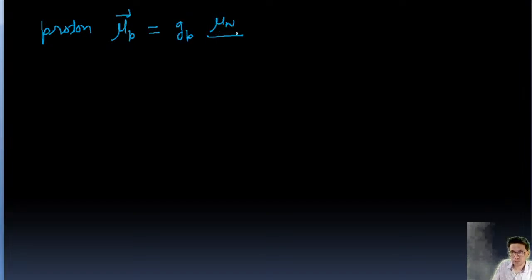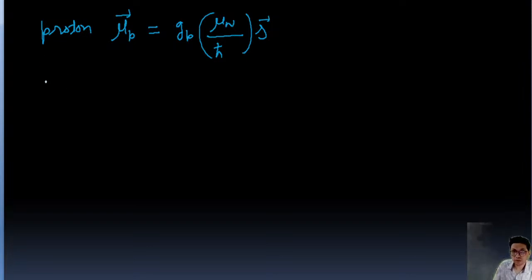Next, for proton, the magnetic moment mu p is gp mu n upon h cut into s.